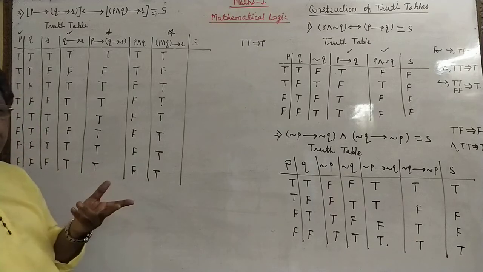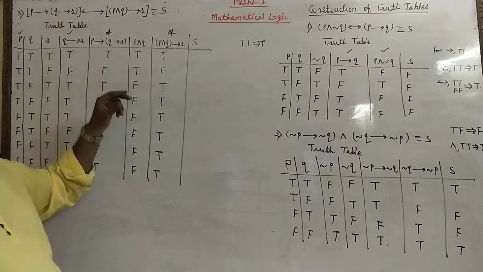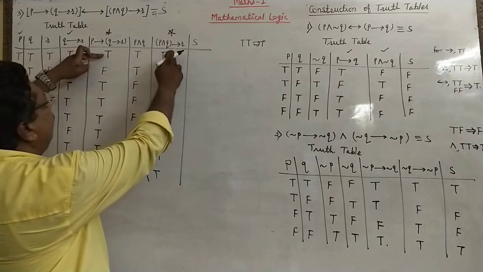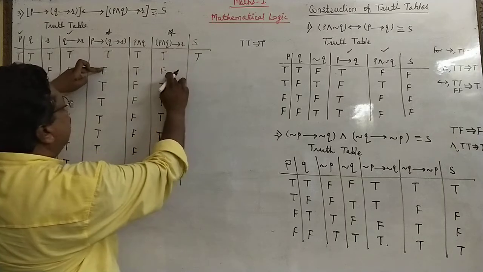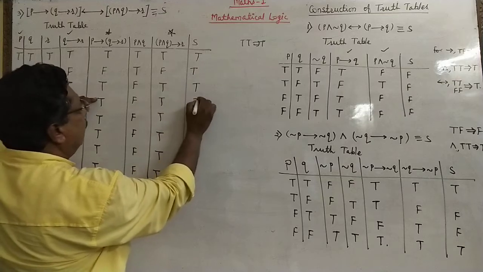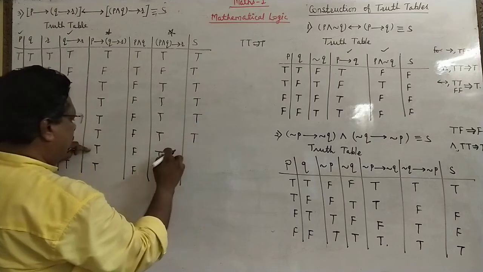It means both the statements are true or both the statements are false, then their biconditional is true, and in the remaining cases it is false. See the same one, true. This is also same, true. This is also same, true, true, true, true, true.